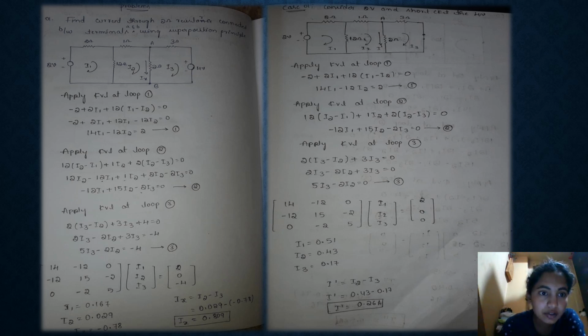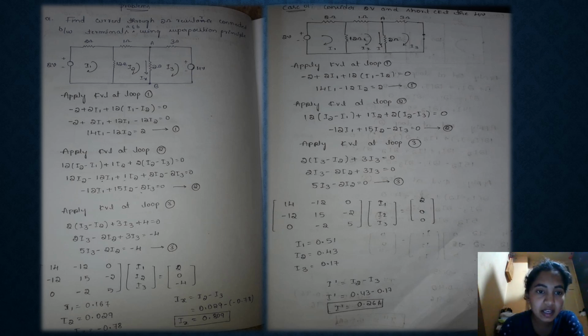So minus 2 plus 2 I1 plus 12 (I1 minus I2), because we are considering the first loop, so we take I1 first and then I2, as I1 and I2 are flowing in the same direction here, is equal to 0. So minus 2 plus 2 I1 plus 12 I1 minus 12 I2 is equal to 0. Then the equation will be 14 I1 minus 12 I2 is equal to 2. So this is equation 1.